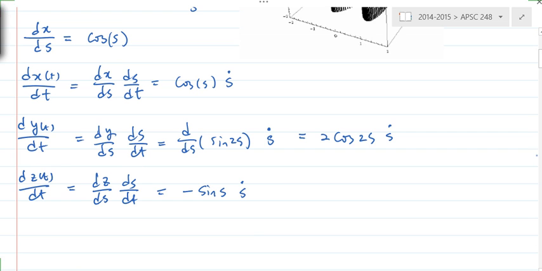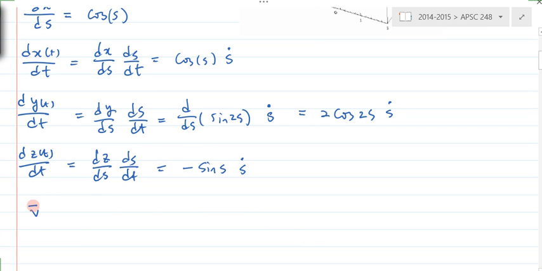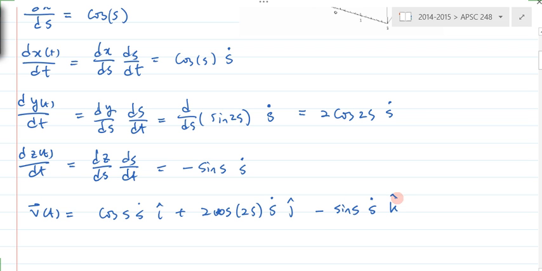Altogether, your velocity is cosine s times s dot, i hat, plus 2 cosine 2s times s dot, j hat, plus negative sine s times s dot, k hat. So that's the velocity.